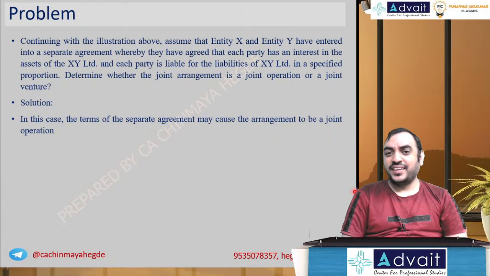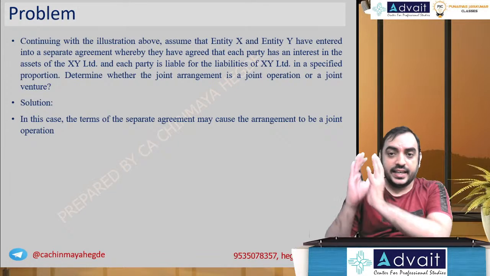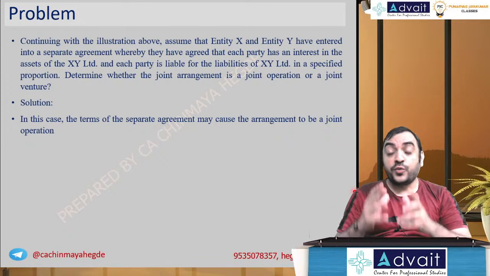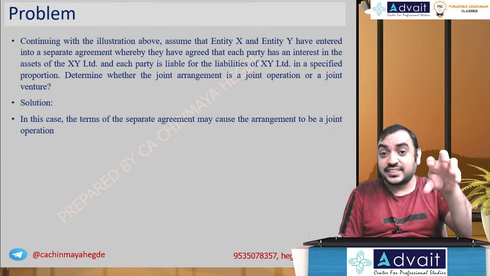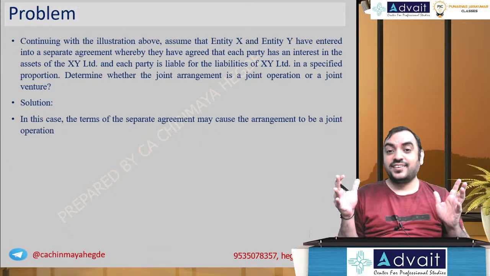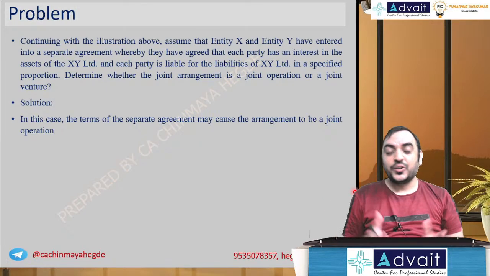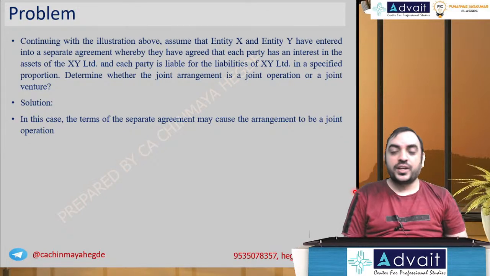Hope you remember what we discussed. When there is a separate vehicle, it is a joint venture. But when you have additional facts like this, assets and liabilities to be shared in a specific proportion as per the contract, it's not a case of joint venture, it's a case of joint operation.